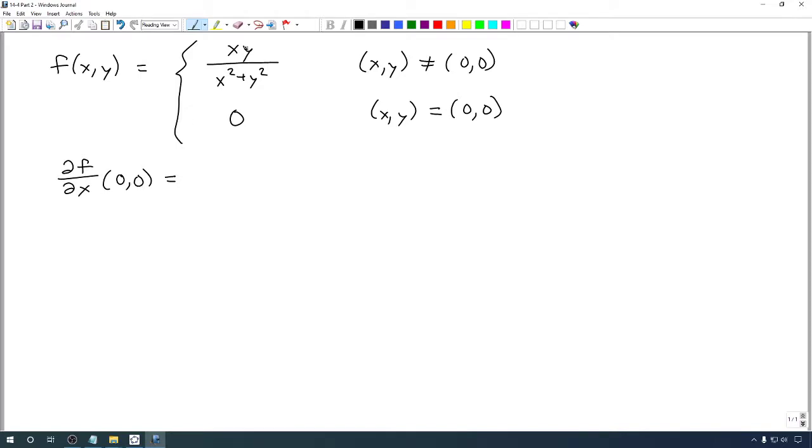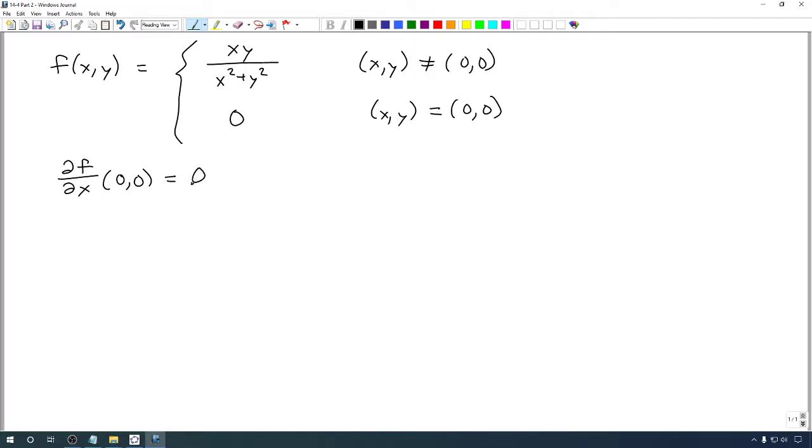If we put 0 in for y, the top is 0, and the bottom doesn't really matter as long as it wasn't 0 to begin with, since we're considering points close to (0, 0), not the point itself. So we're looking at the limit of the 0 function, and the derivative of the 0 function is 0.